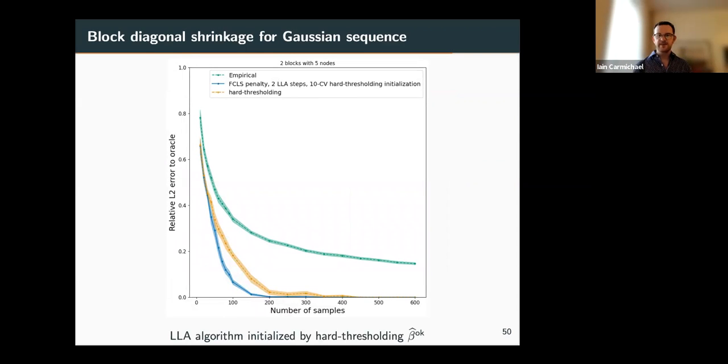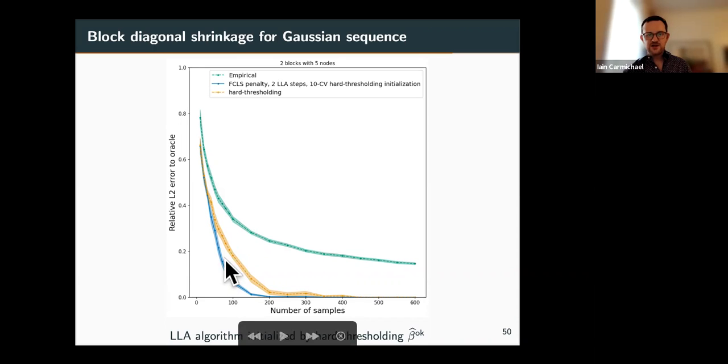Here's the Gaussian sequence model, and on the x-axis is the number of samples. As you get more samples, the problem becomes easier. The y-axis is the distance to the oracle estimator, really the relative L2 distance, so we normalize by the norm of the oracle.